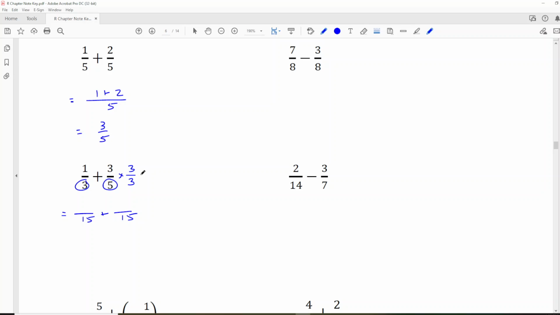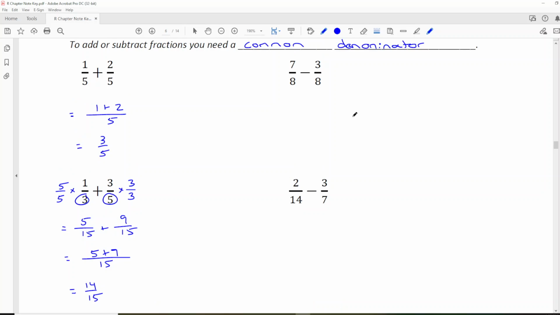And so it's allowed in math, because one of the hardest things in math is knowing when and why you can do things. So for this fraction, again, I want to make that common denominator 15, so I'm going to multiply top and bottom by 5. So I'm going to end up with 5 times 1 is 5 over 15, and 3 times 3 is 9 over 15. Now that I have that common denominator, I can do 5 plus 9, which gives me 14 fifteenths.